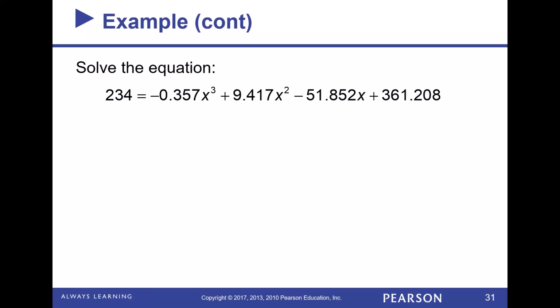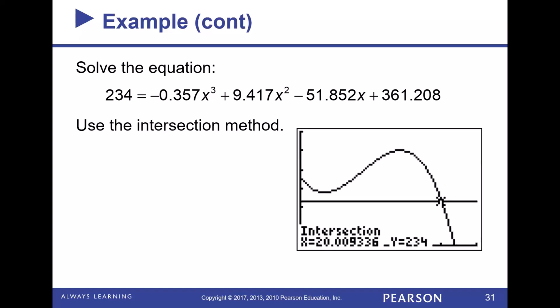I could do factor by grouping, but it's going to be really hard. So the easier method that might be helpful is to use the calculator, and we're going to use the intersection method.